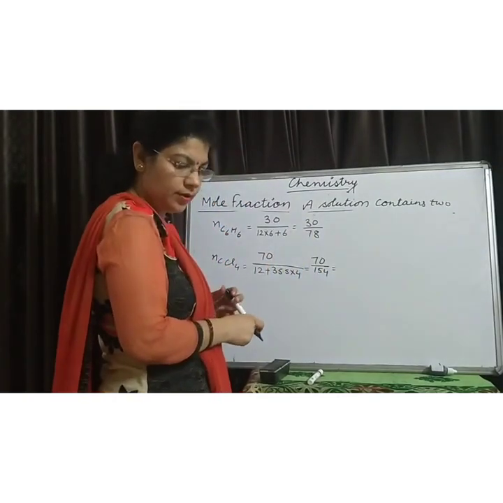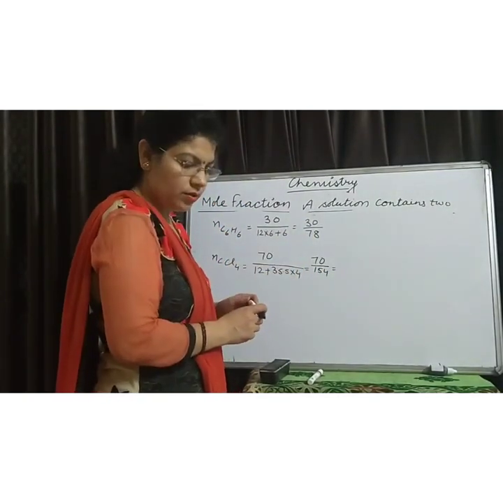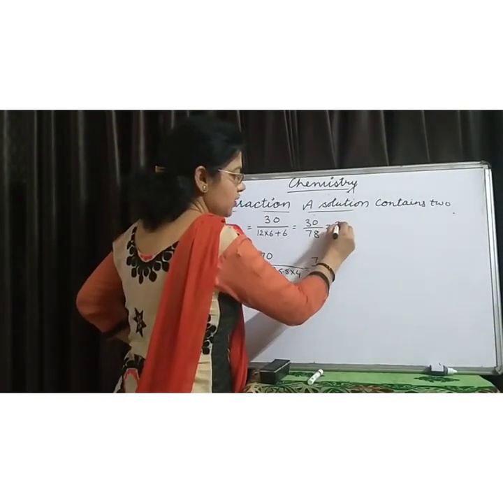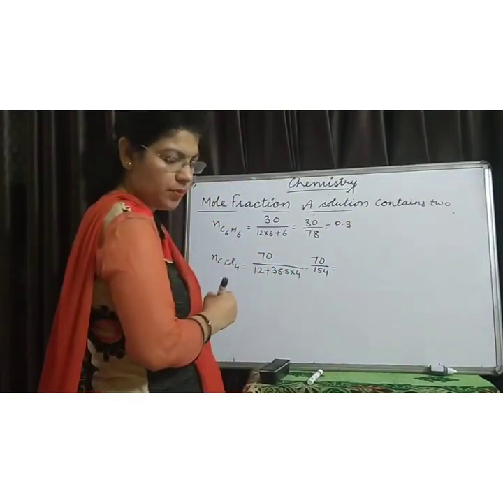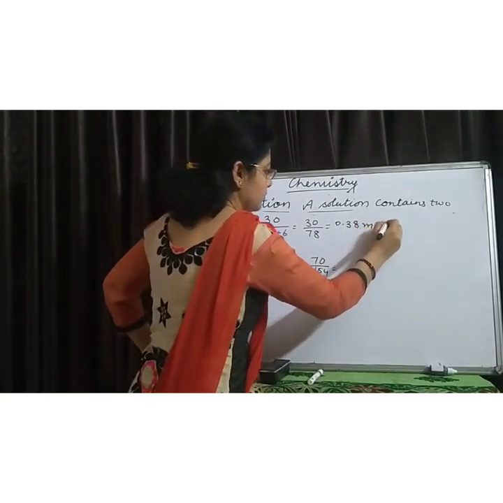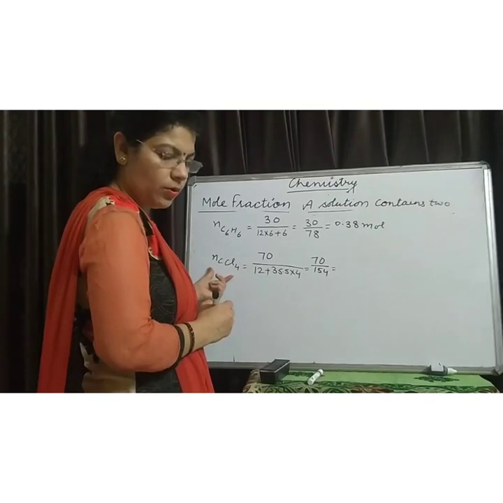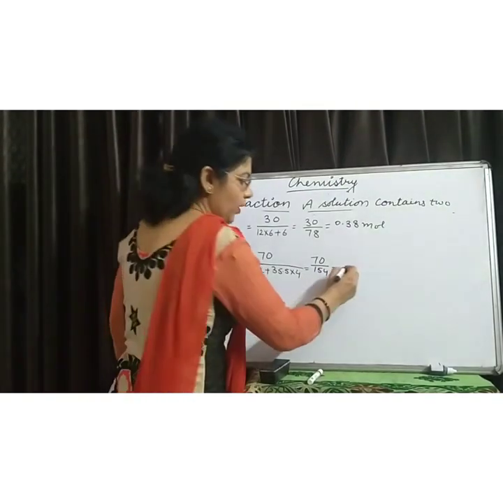Solve this, and you get the relative number of moles of each component. The number of moles of benzene is approximately 0.38, and the number of moles of carbon tetrachloride in this question is 0.49.